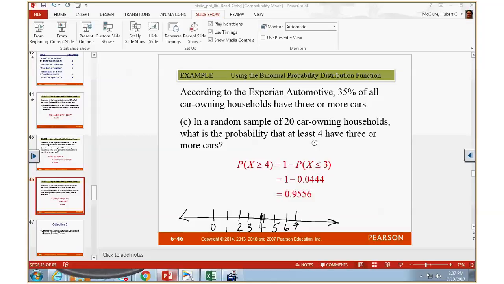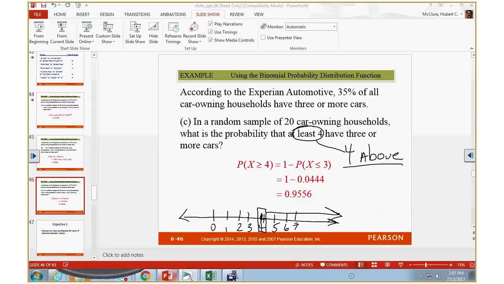What does this mean? That means the lowest number is what? So that means 4 and above. So what are you going to have to do? Take 4 and go up to however many. The initial question said, I don't know how many.